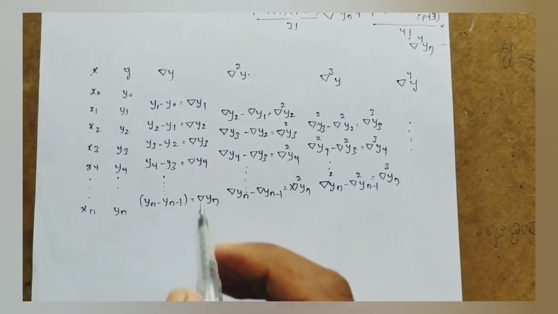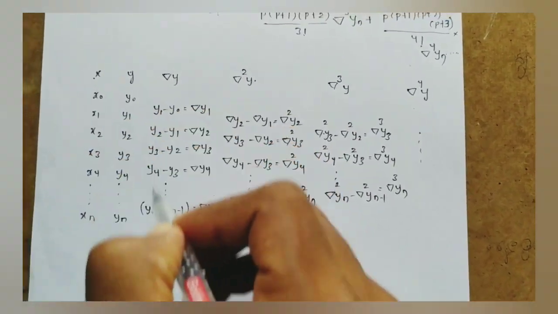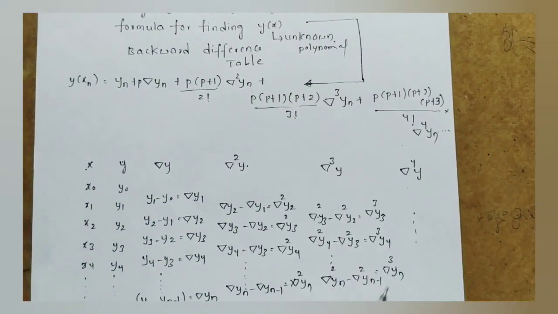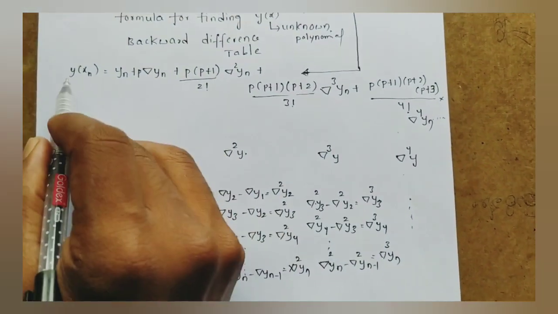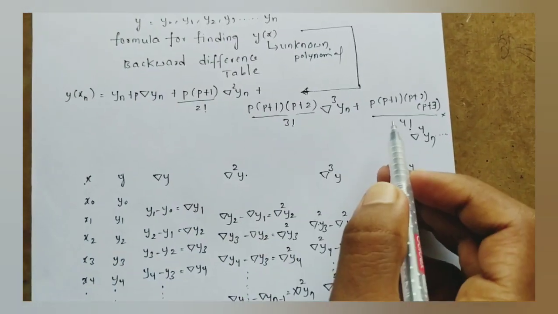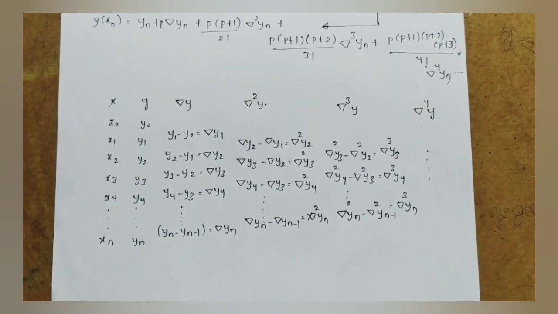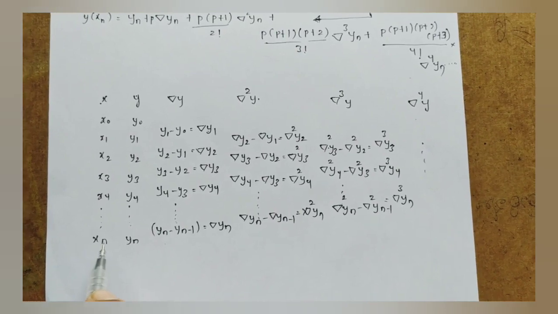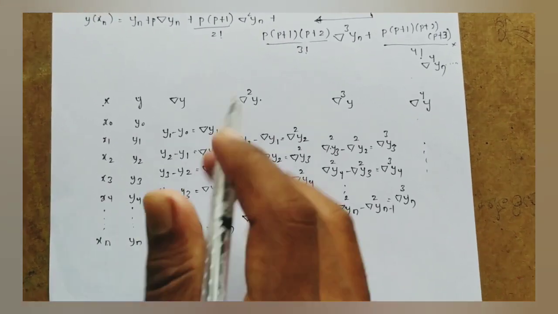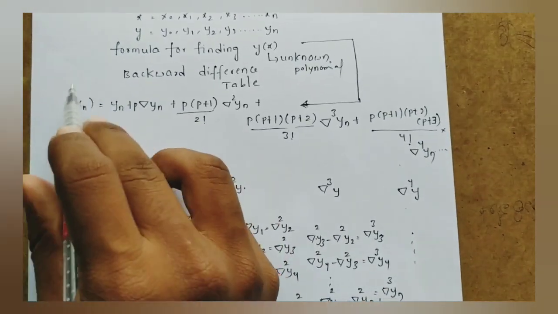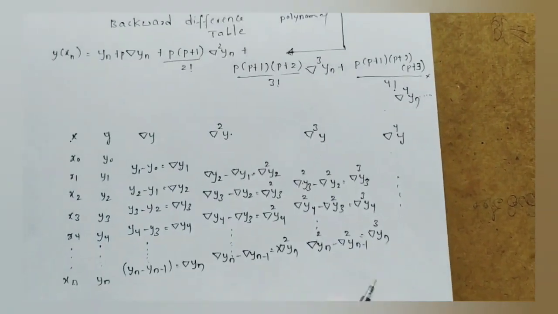Here substitute the values in the backward difference formula, then we can find out the value of y of xn. That means xn is the ending of the given tabular values. In that value we can find out the approximate polynomial for a given value.